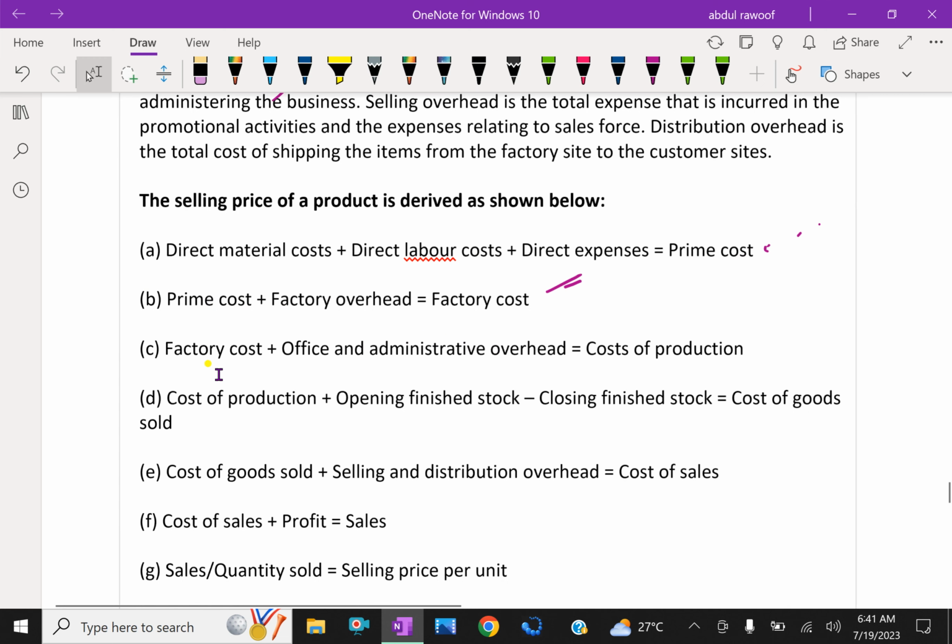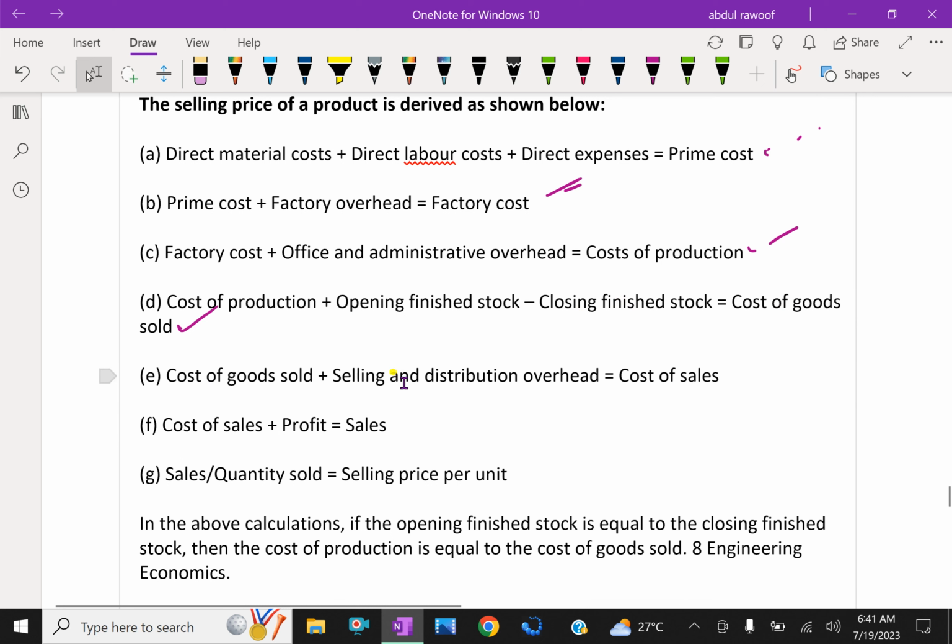Then factory cost added with office and administrative overhead is cost of production. Cost of production added with opening finished stock minus closing finished stock gives cost of goods sold.